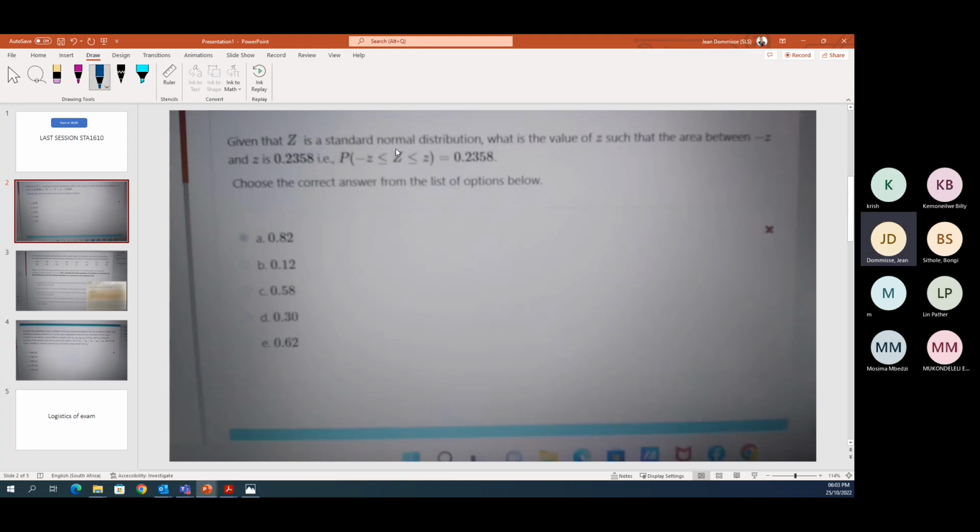Given that Z is standard normal distribution, what is the value of Z such that the area between minus Z and positive Z is 0,2358?